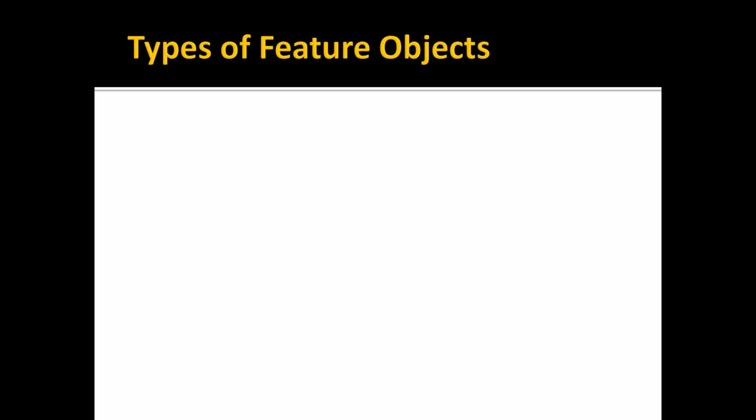I would argue that it's way easier to build feature objects in GMS than it is in either QGIS or ArcGIS. We start out with points. This would be like a point feature class in ArcGIS. Points can have attributes depending on what you're trying to represent with them. For example, if we use a point to define a well, then one of the attributes would be the pumping rate for the well.